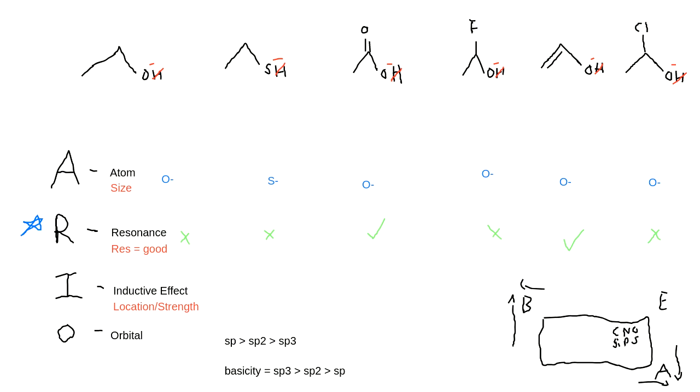Based off this, we can actually start ranking two of these. Like I said, resonance is the best acidity stabilizer, or it makes things more acidic. Because these two have resonance, they automatically become our 1 and 2.